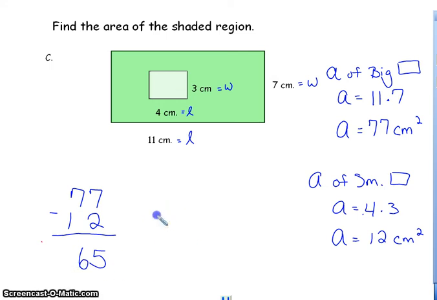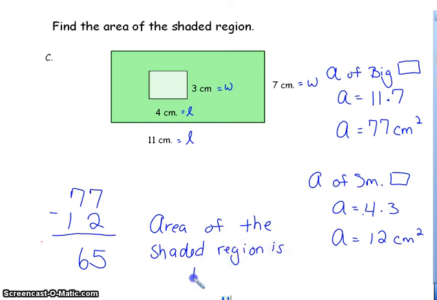So my answer, the area of the shaded region, is 65, and then don't forget your units, centimeters squared.